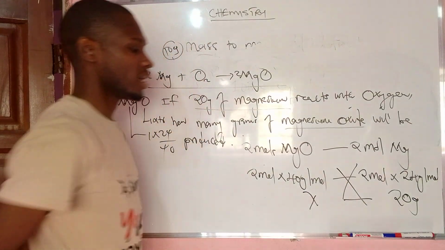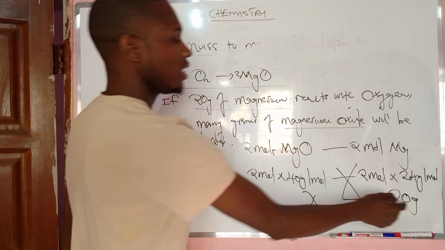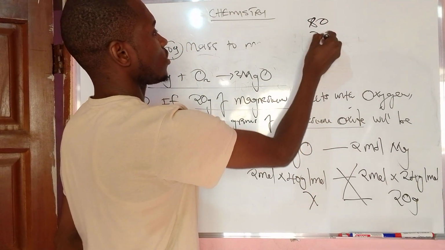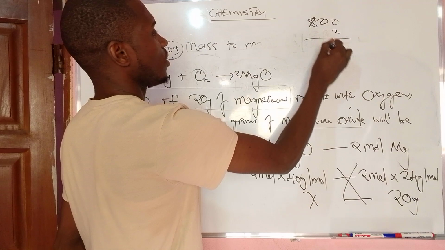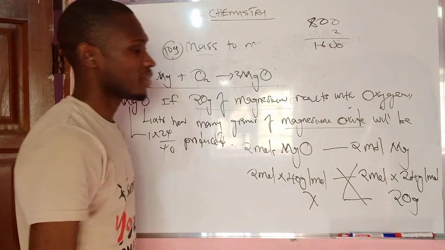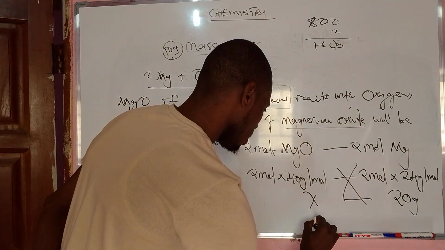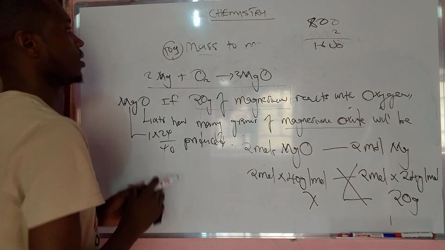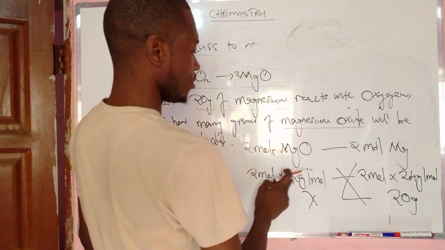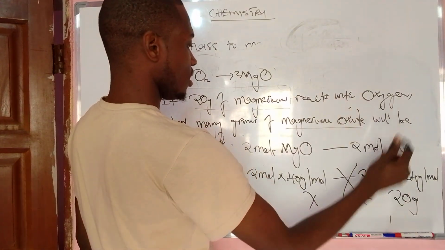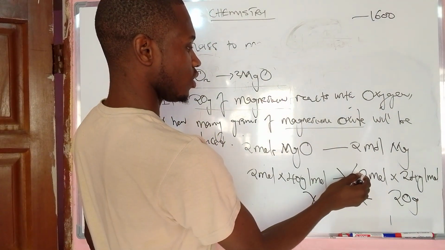Then you cross multiply. So we say 20 times 2 times 40, that is 80 times 20, which gives 1,600. Then 1,600 equals X multiplied by 2 times 24.